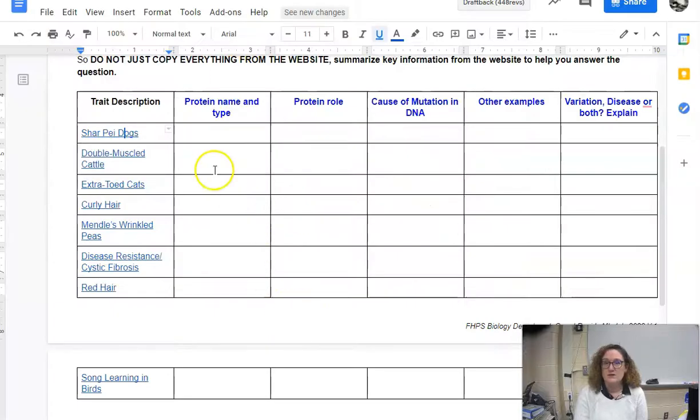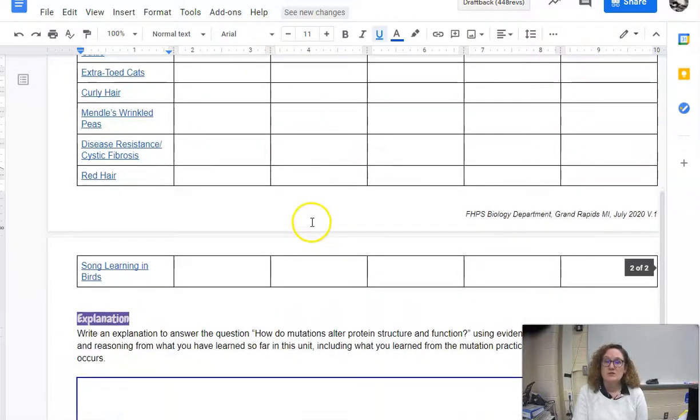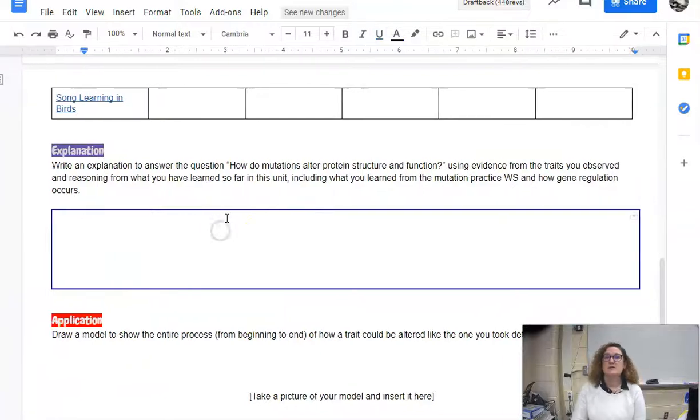So you'll fill in your table summarizing what you're seeing with those traits. Once you have that, you'll then write an explanation. For this, what you're thinking about is how these mutations alter the structure and the function. So in all of those examples that you saw, what evidence did you see of proteins being changed in their sequence and also their job?